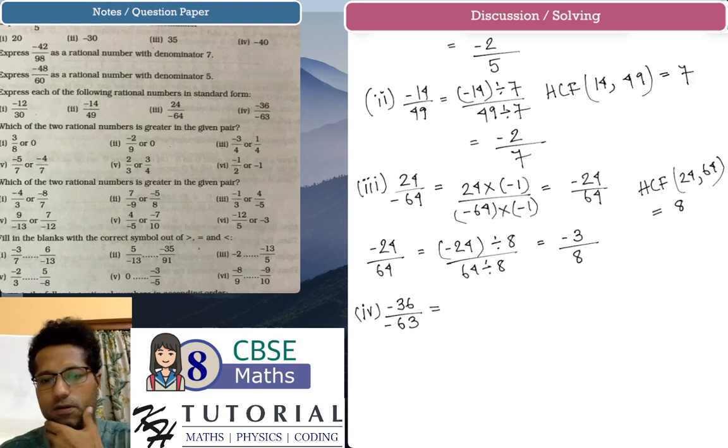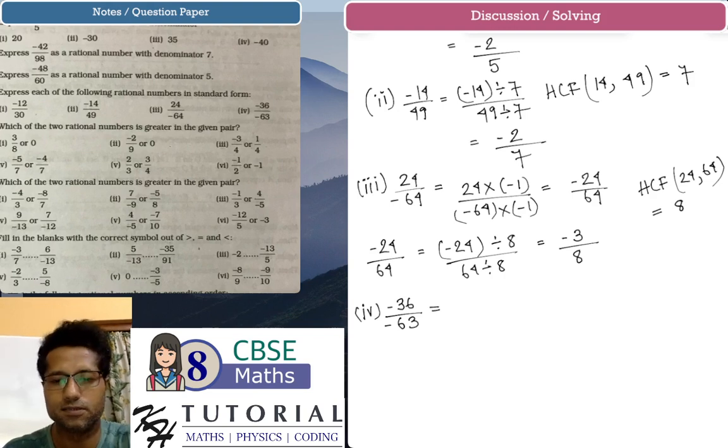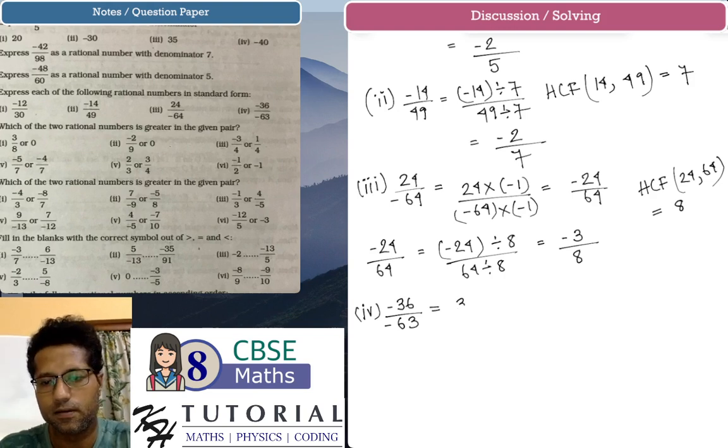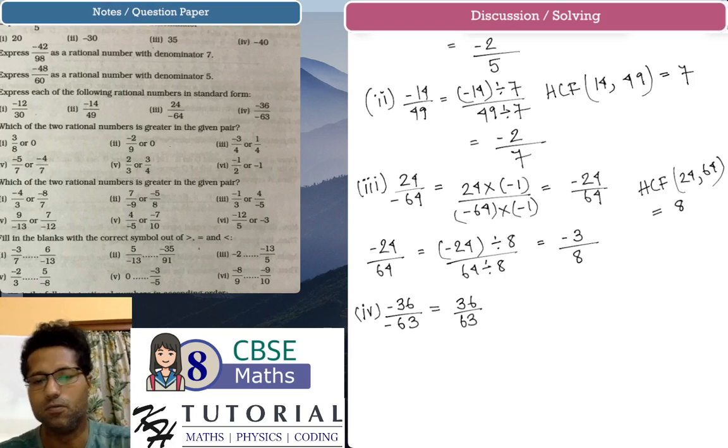So in a rational number, if both the numerator and the denominator are negative, then you can cancel out the negative, and the rational number will be a positive one. So in this case, we can cancel out the negative, and we can say that this rational number is equal to 36 by 63. Only if both the numerator and the denominator are negative can you cancel out the negative sign.